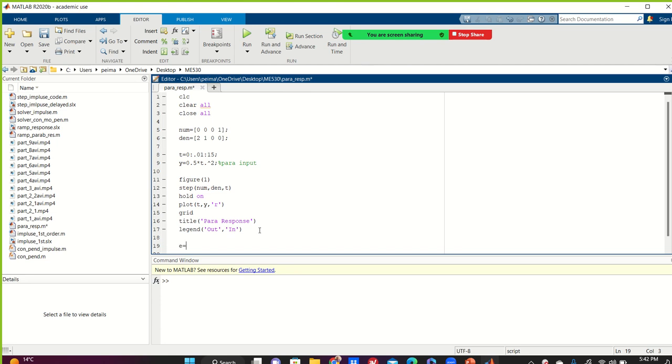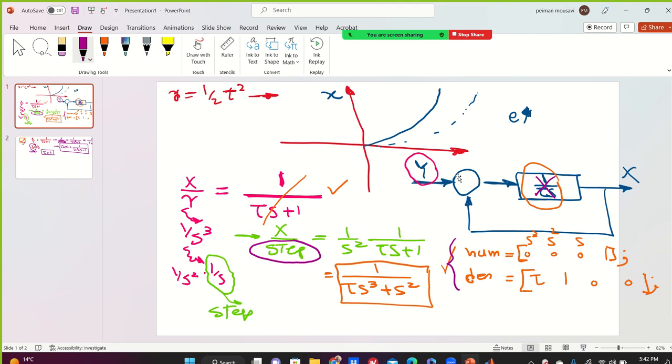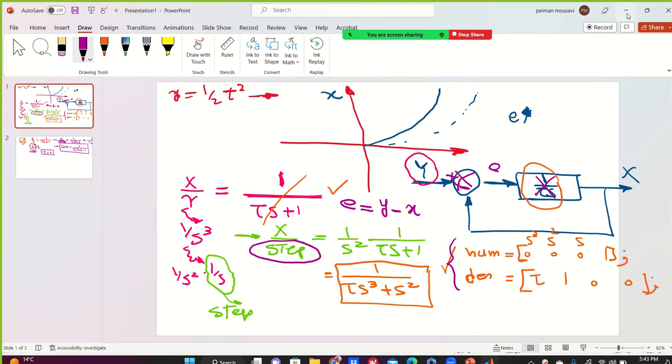Error signal, as we defined, is plus minus. Error signal here is input minus output. See, plus minus here is right, as we did in the simulator.